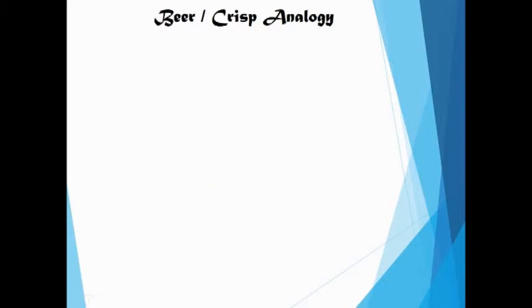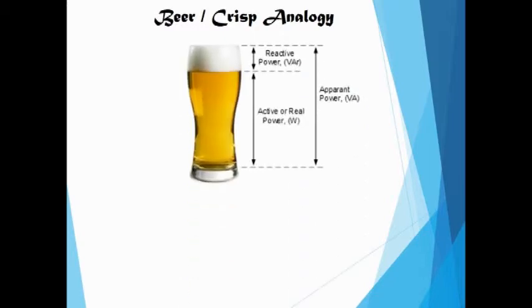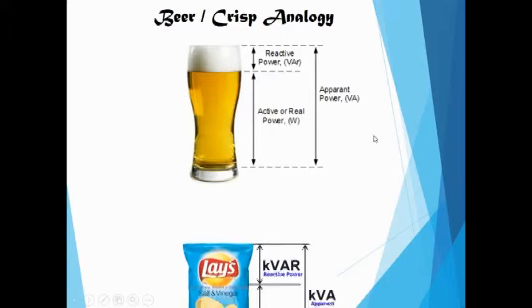You pay for a pint of lager this much, but you only get this much beer, and the top of it is foam. This is not what you want, but you're paying for it because it's part and parcel of the product.